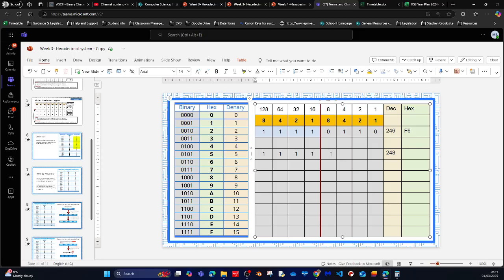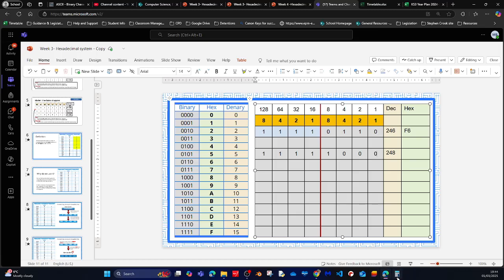And then we have 8. 8 minus 8 is 0. So we will have 0, 0, and 0.